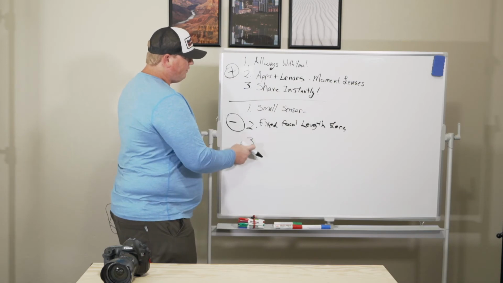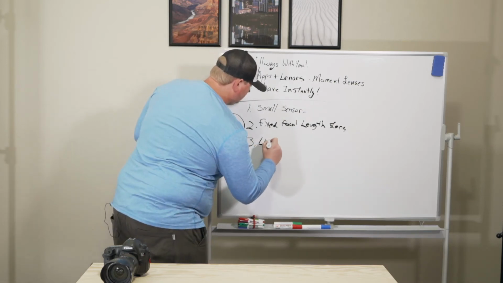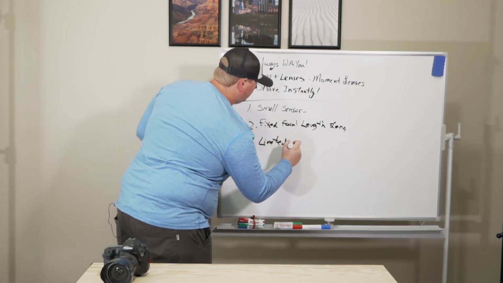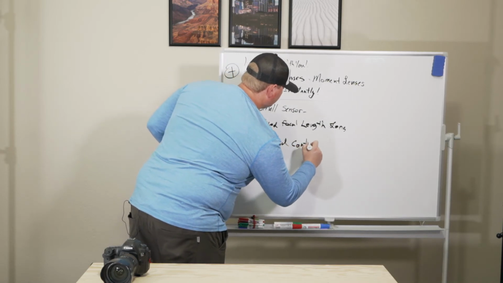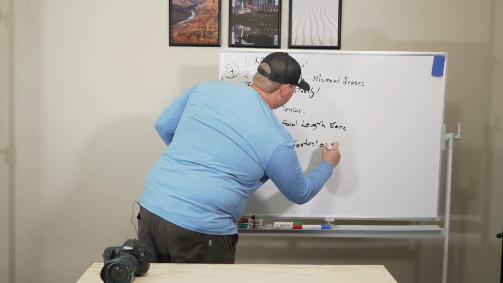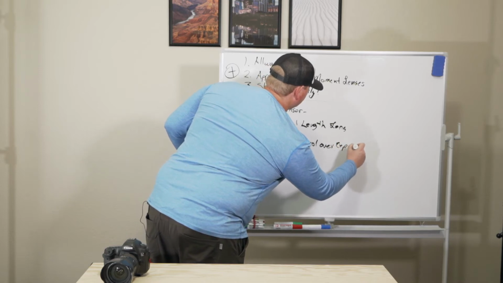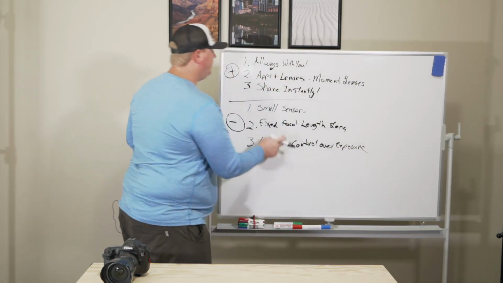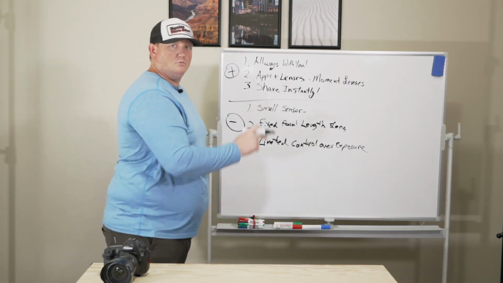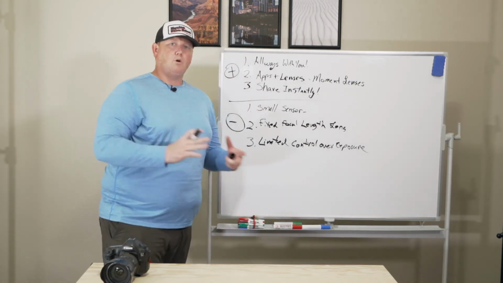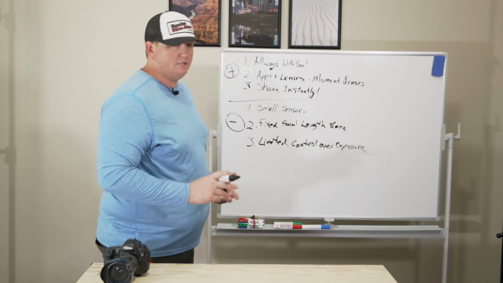Our third thing is limited control over exposure. Now we get around this a little bit by having different apps, right? But your exposure is the brightness and the darkness of the image.